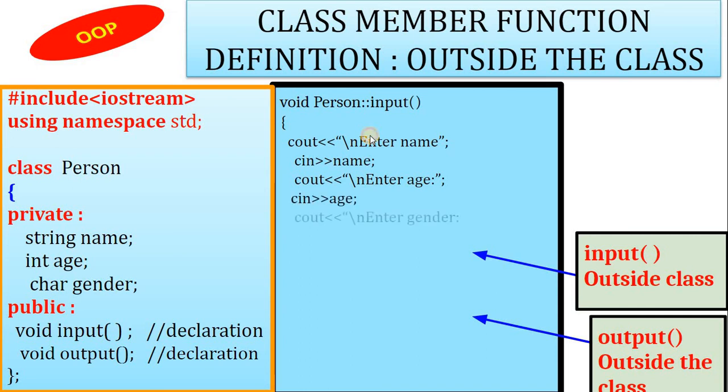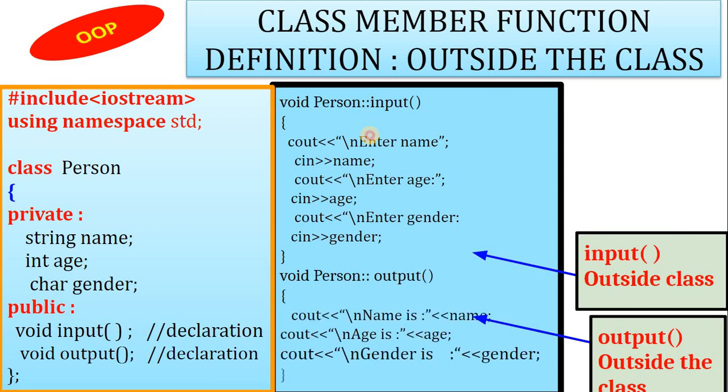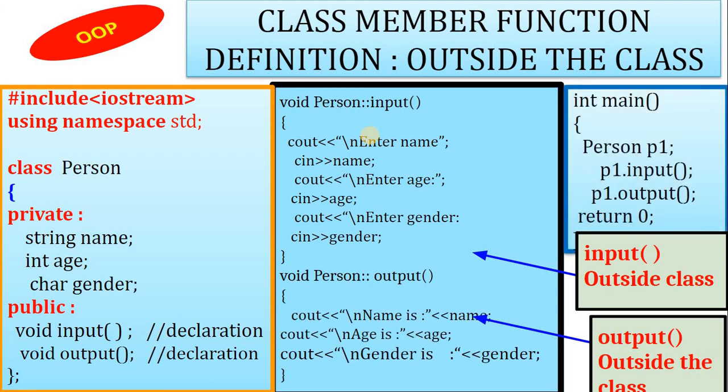We are doing the same task again in the input function, taking three values, name, gender and age, and output is also doing the same job. And in the main function also, you just create the object of class person and access it using p1.input and p1.output. So that is just a representation of how to define the member function inside the class and outside the class.